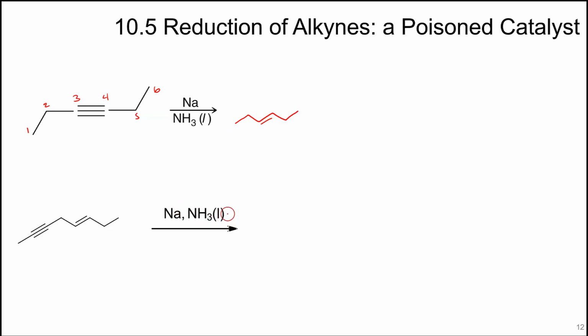The liquid ammonia with sodium metal will not do anything with this double bond here. And again, we'll make a trans double bond. So double bond at 2 and 5. Then we have 7, 8.